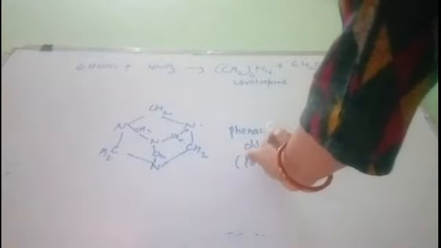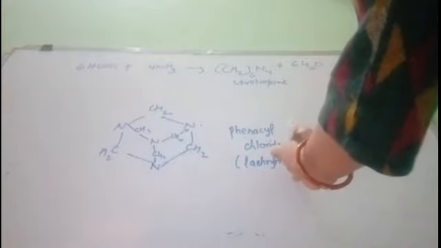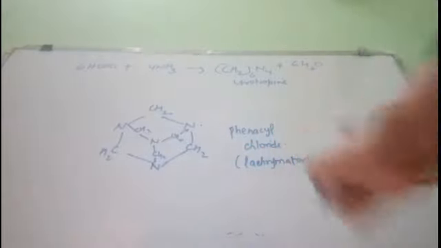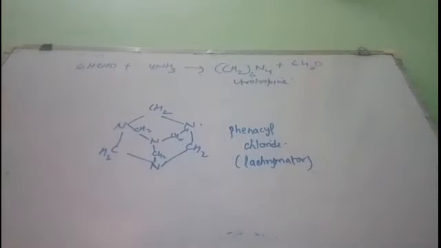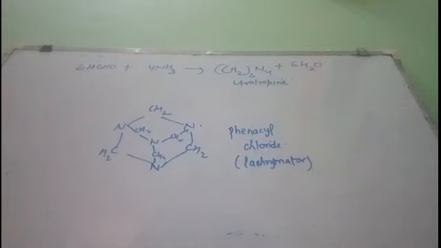This phenacyl chloride is a lacrimator. A lacrimator is a compound which will produce tears, and it is used in the production of tear gas. Okay, so acetophenone is used to prepare phenacyl chloride, which is a lacrimator. It is used in tear gas.